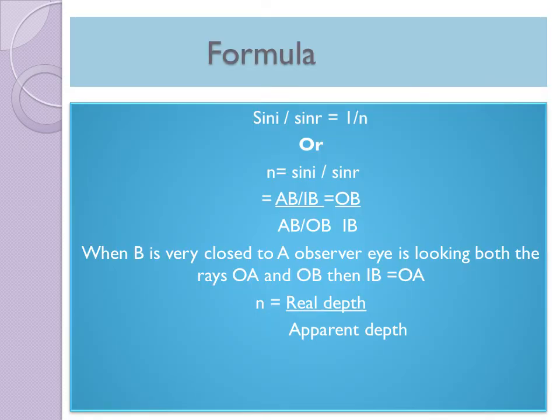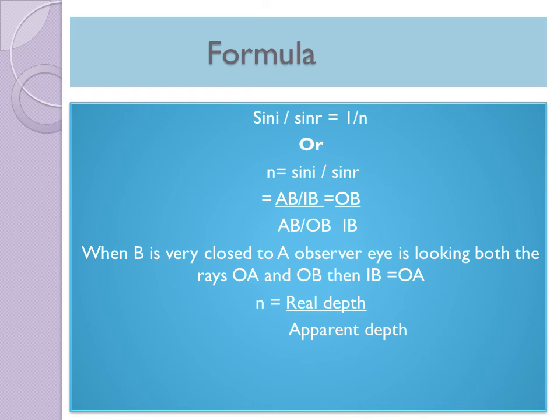Sin i upon sin r is equal to 1 upon n. This is the formula in which n is constant. Sin i stands for the incident ray and sin r stands for the refracted ray. Or you can say the constant is equal to sin of incidence upon sin of refraction.